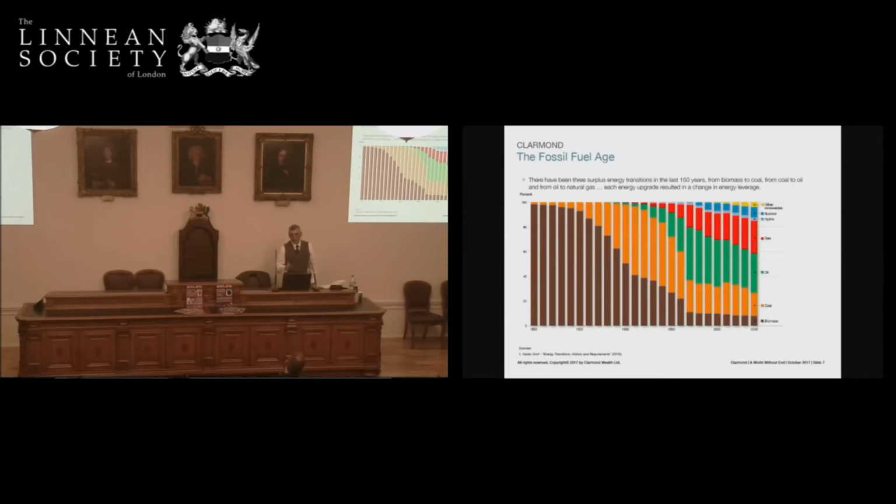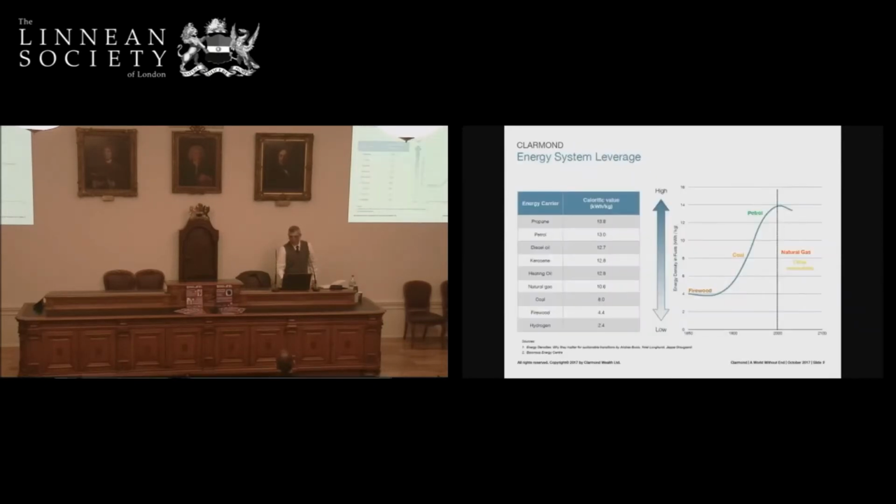And the fossil fuel system, unlike wood, which is also a fuel, has an embedded leverage in it. The embedded leverage of the fuel is essentially what we used to rely on until we needed the monetary system to kick in, because we had taken as much leverage out of energy as possible. And that is the calorific value of energy.